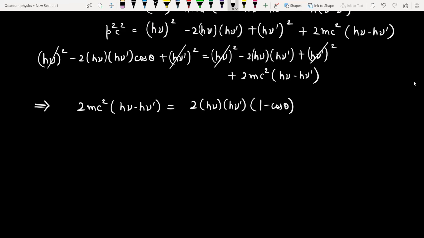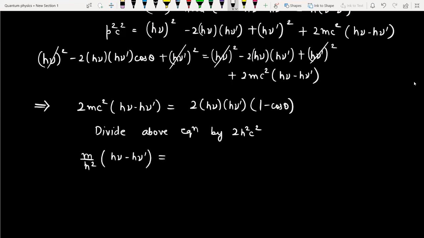We get the c square, so divide the above equation by 2h square c square. If we divide it, c square and c square go off, 2 goes off, and we have m over h square, this is h, and this is h mu minus h mu prime.